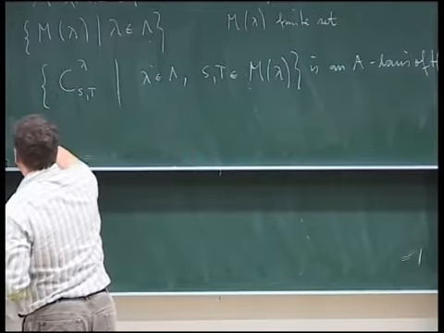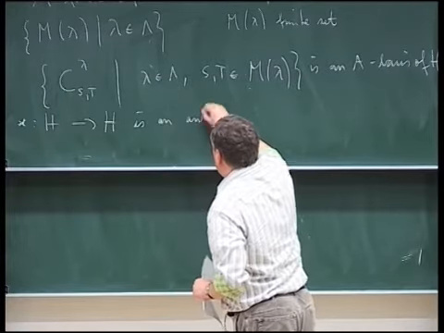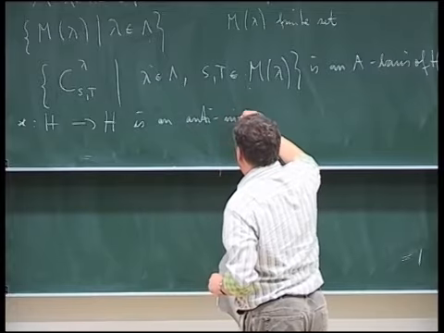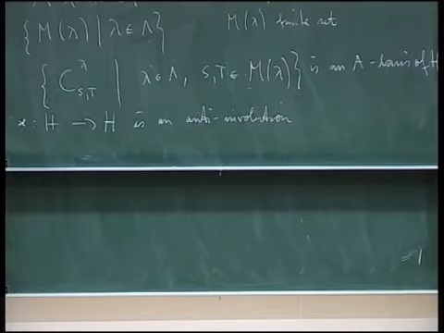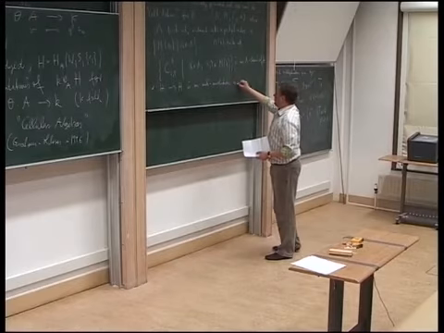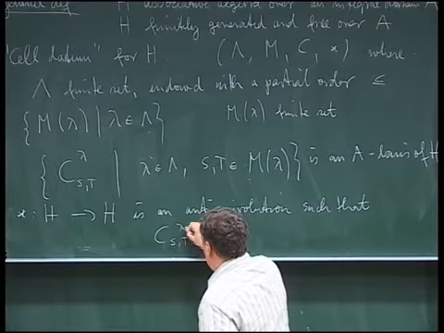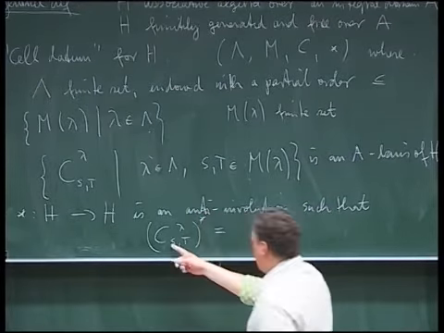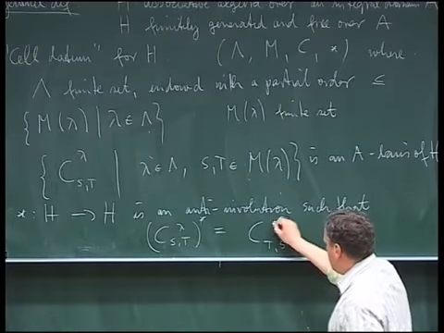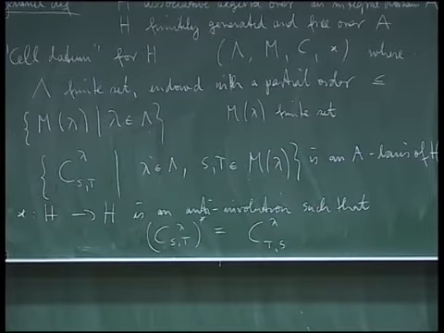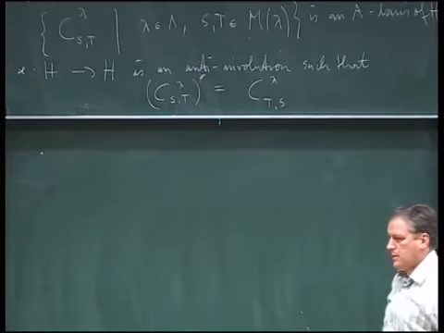So star is an anti-involution, just an anti-homomorphism of order 2, such that if I apply it to such a basis element, the effect will be of swapping these two indices below. Yeah. So that's also maybe not such a spectacular condition.